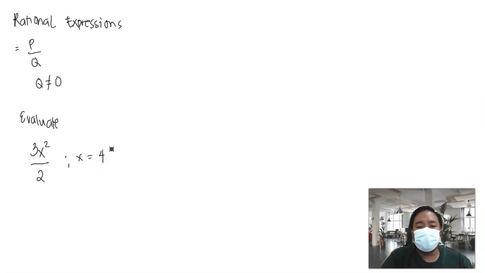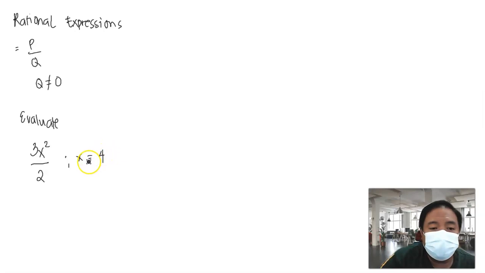So we just need to substitute the value of x to the given rational expression. So 3 times 4 and then squared. Always write the value of x inside the quantity or the parentheses and then 2.